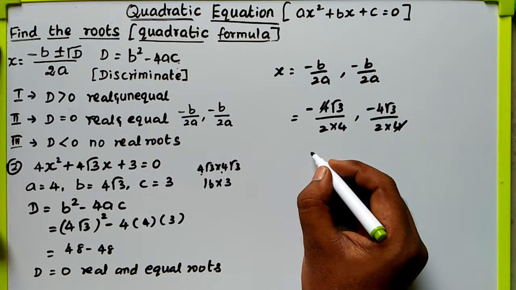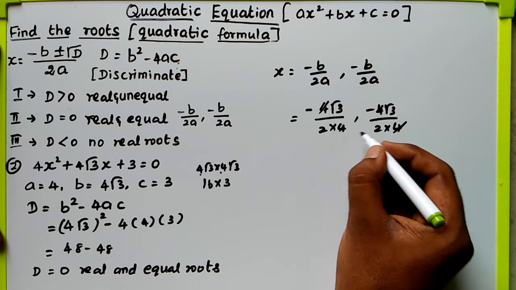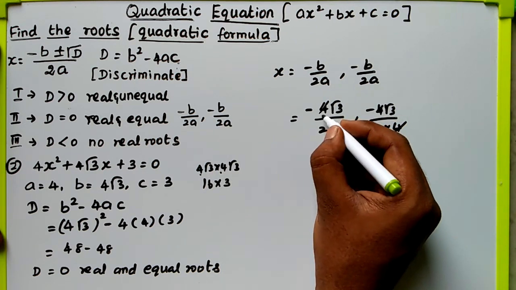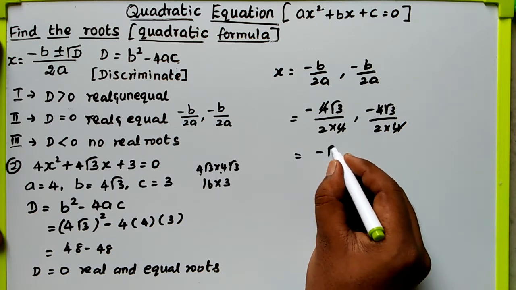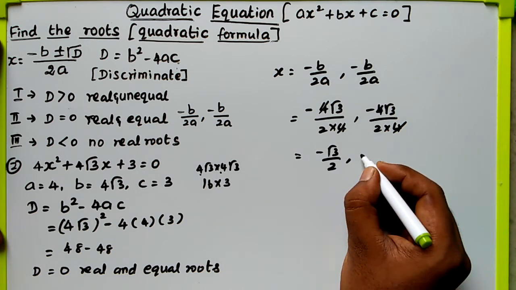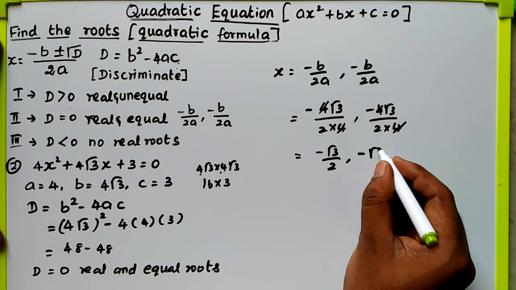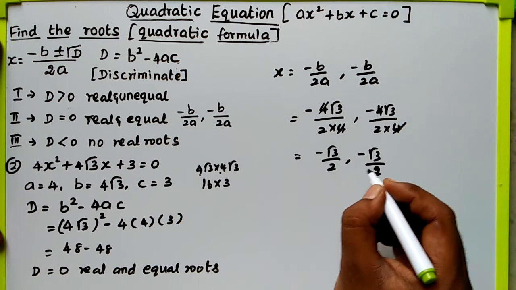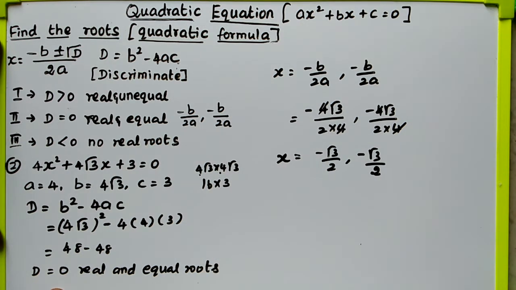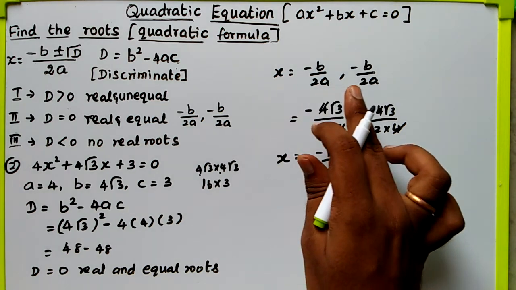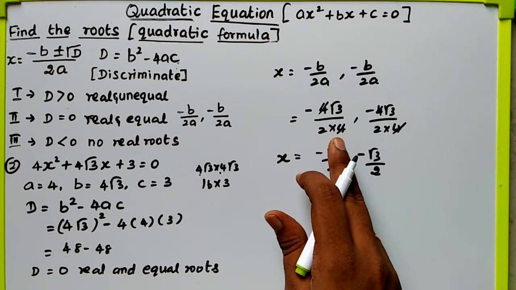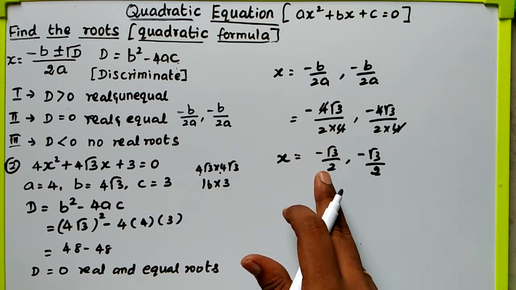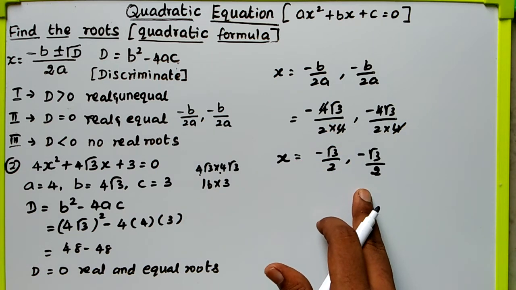Here 4 cancels 4, so we get minus root 3 by 2 and minus root 3 by 2.